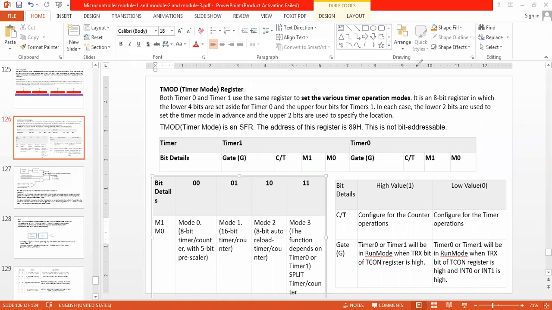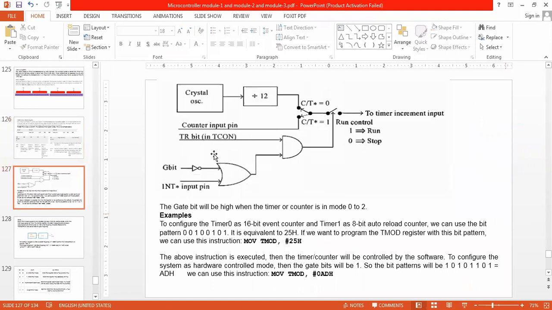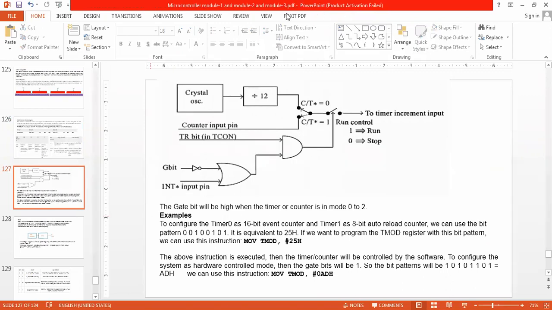Okay, so now this is the timer circuit. What is happening here? Say that there is a crystal oscillator within the 8051.